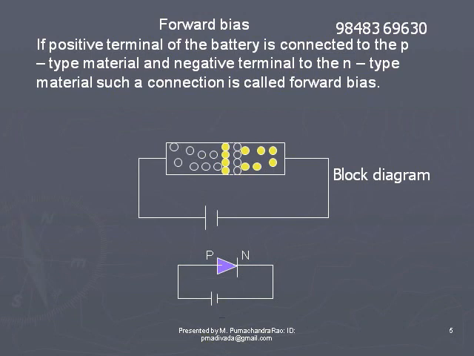So forward biasing is represented. Above one is the block diagram of forward bias. The lower one is the circuit diagram. It is the symbolic circuit diagram of the forward bias.